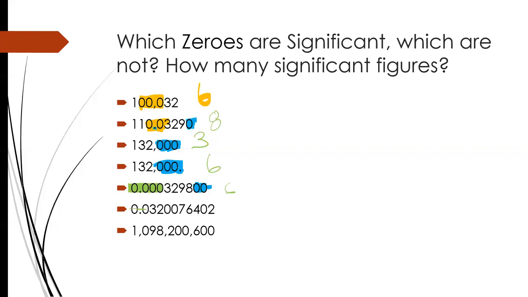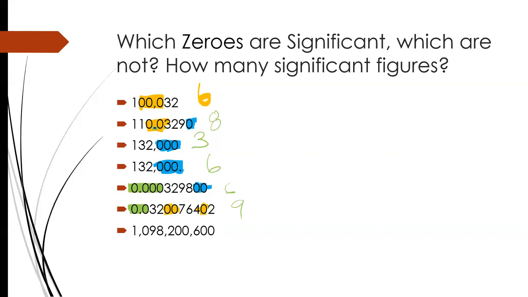Never significant. We have our trapped zero right over here. Those are always significant. And the trapped zero here, always significant as well. So we have a whopping 9 significant figures in that one.